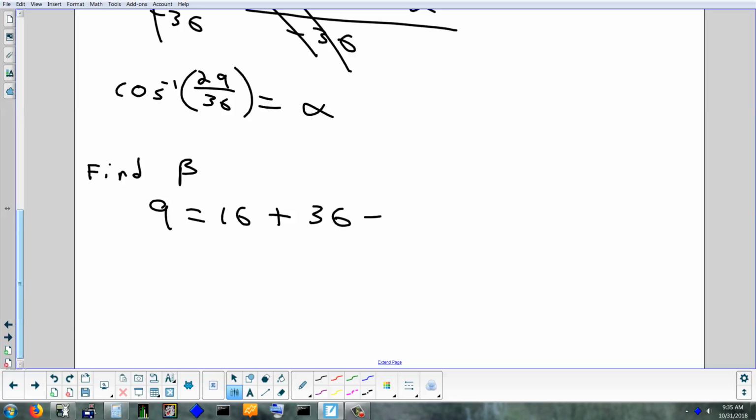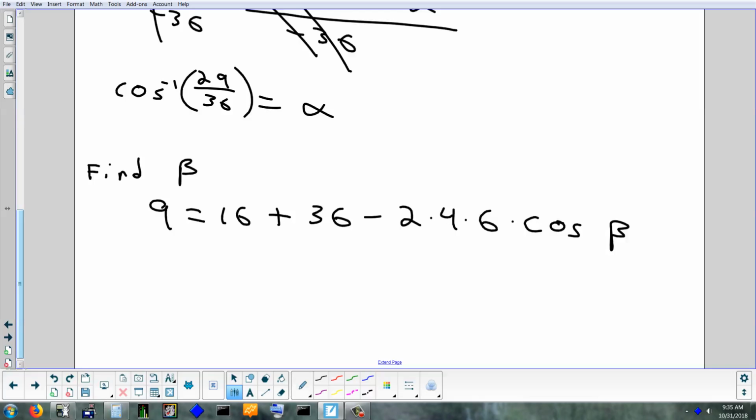So b squared, a squared, c squared, minus, what are the two letters that come next? Minus 2ac. A must have been 4, and C was 6. And lastly, times the cosine of, what's the angle I'm trying to find? Beta.